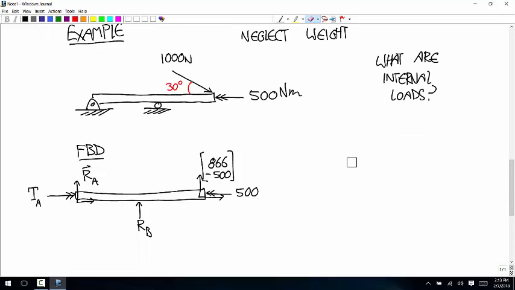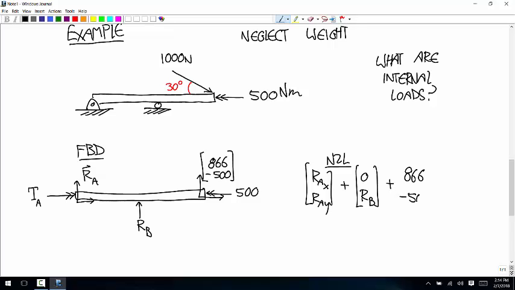So now Newton's second law says RAX, RAY plus 0, RB plus 866, negative 500 is equal to zeros.